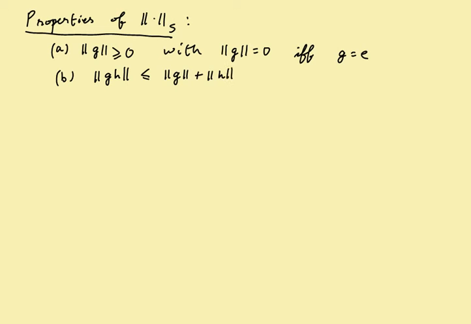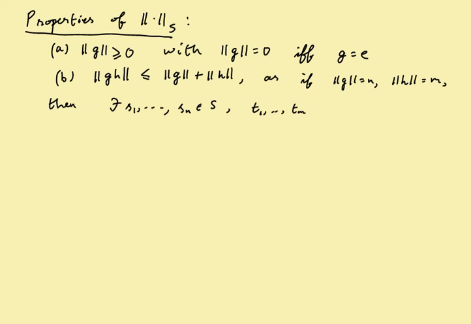Now this is a simple fact, but just to get used to the definitions, let me give a sketch of a proof. Let's say norm g equals n and norm h equals m. Then there exist s1, ..., sn in S and t1, ..., tm, again in S, such that g can be written as s1 to the plus or minus 1, ..., sn to the plus or minus 1. I won't put explicit notation for the sign.